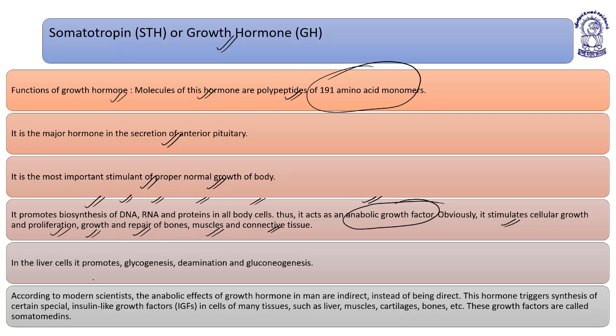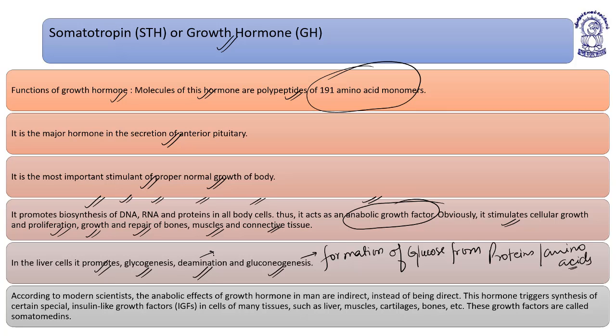In the liver cells, the growth hormone promotes glycogenesis, deamination, and gluconeogenesis, the formation of glucose from proteins, amino acids. Deamination is the process of removal of the NH2 group, and glycogenesis is the formation of glycogen.